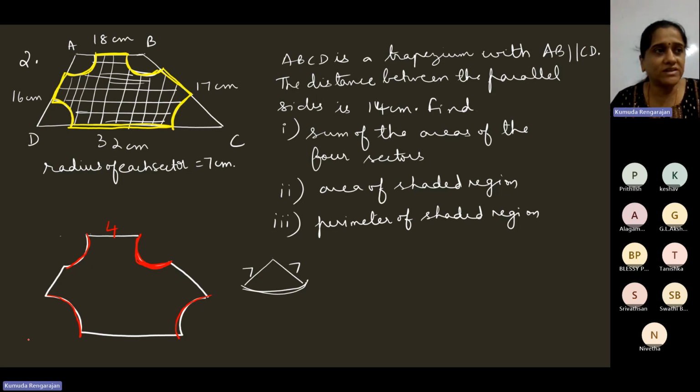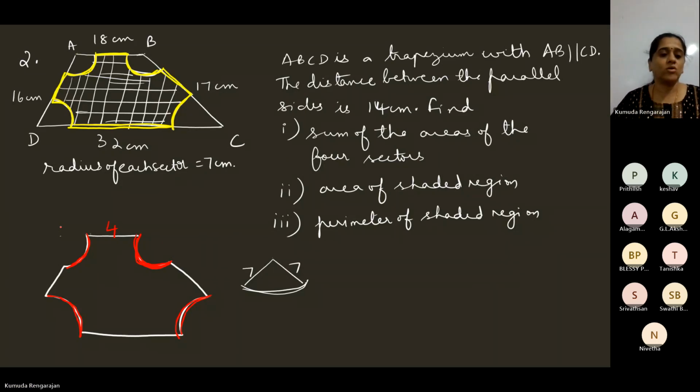The area of the four sectors is pi r square. Similarly, these four arcs put together will make the boundary of a circle. So the length of all these four arcs will be 2 pi r.